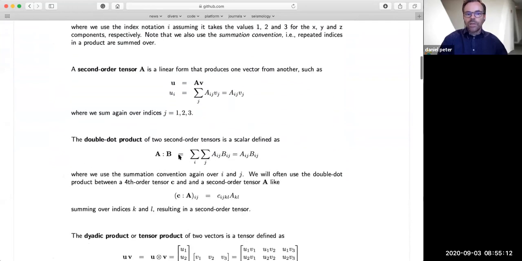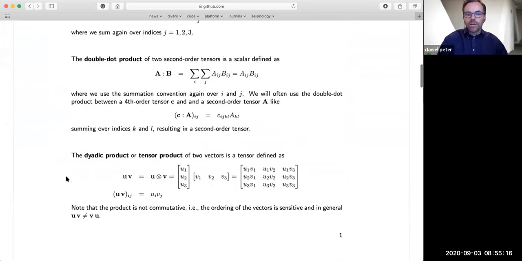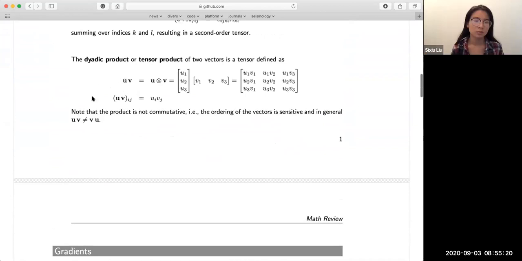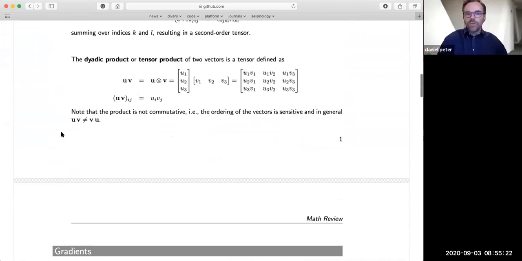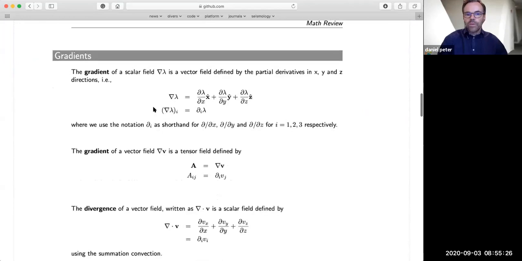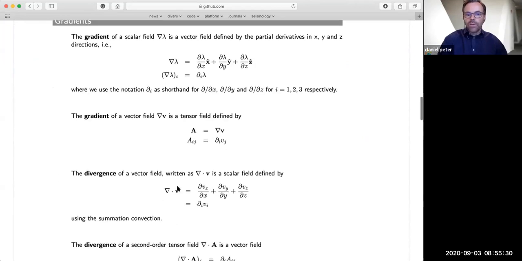What would be a double dot product between two tensors? Or even dyadic products is also something we will encounter. How you would, for example, define the gradient or the divergence, something we just saw before, for example, divergence of a vector quantity or of a scalar quantity, whatever you prefer.